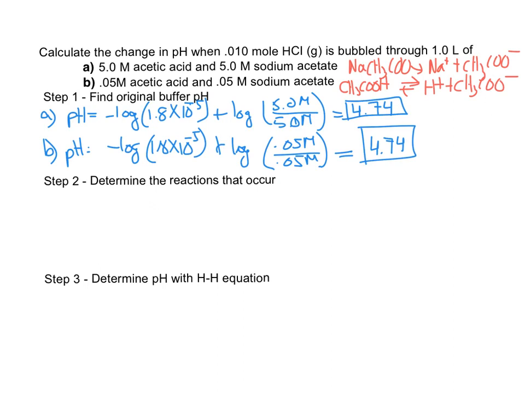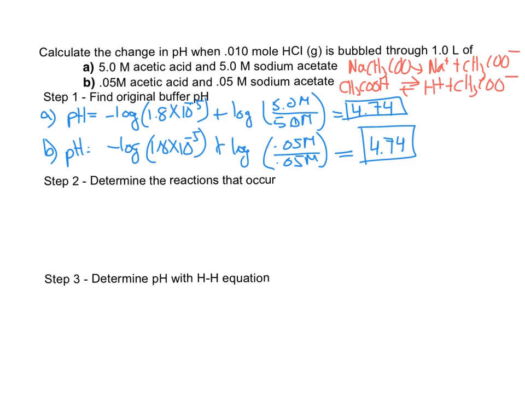All right, now what I'm going to do next is I'm going to add 0.01 moles of HCl. And I'm going to add that to a liter of my buffer. And I'm going to decide what happens to the pH. So in order to do that, first, you have to decide what reacts with what.